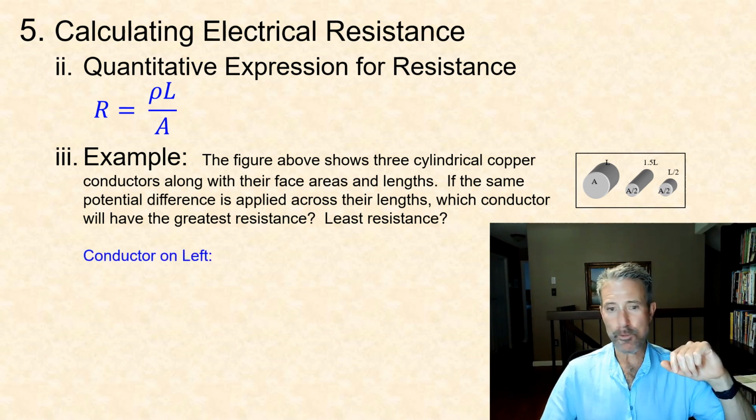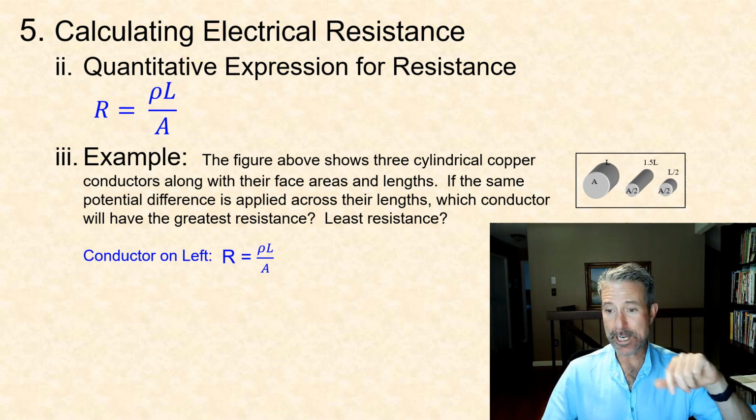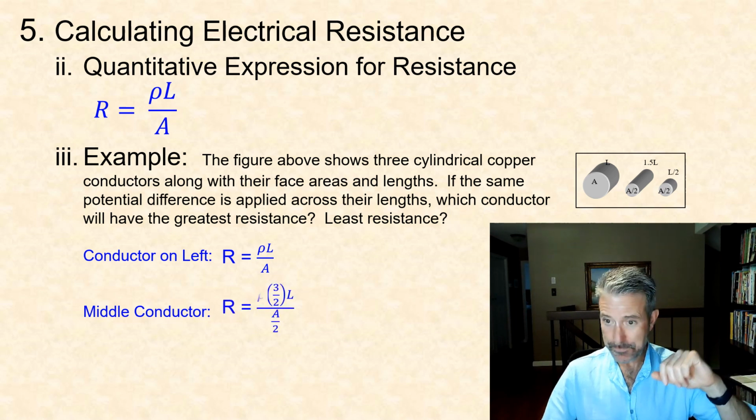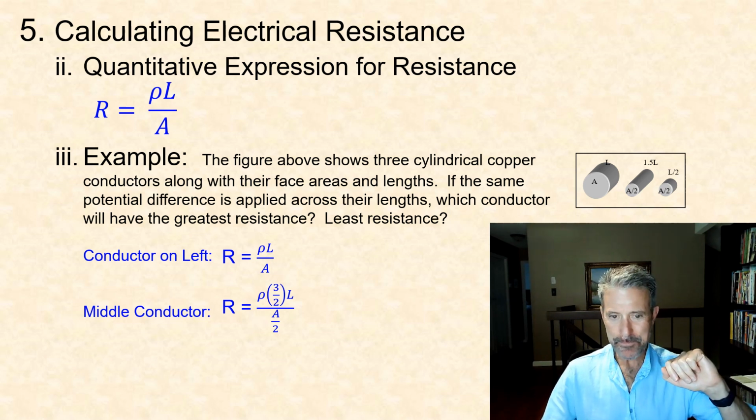Well, let's use our formula and do the calculation. For the conductor on the left, the resistance is simply the resistivity rho for copper times the length, which is given to us as L, divided by the area, which is given to us as A. For the middle conductor, we've got the same resistivity, remember, copper at a given temperature has a specific value for resistivity. These are all copper conductors. They all have the same resistivity.